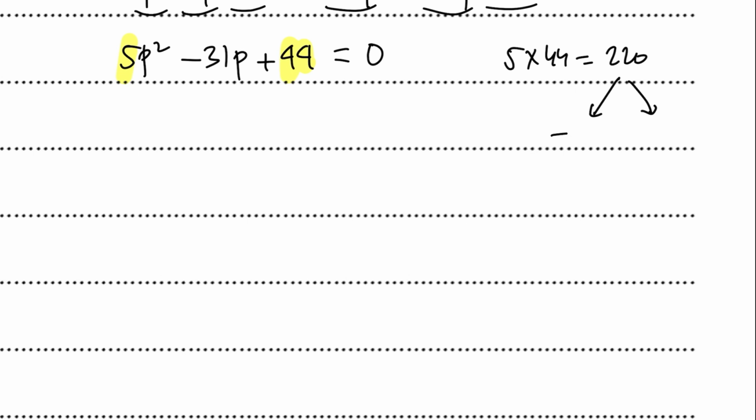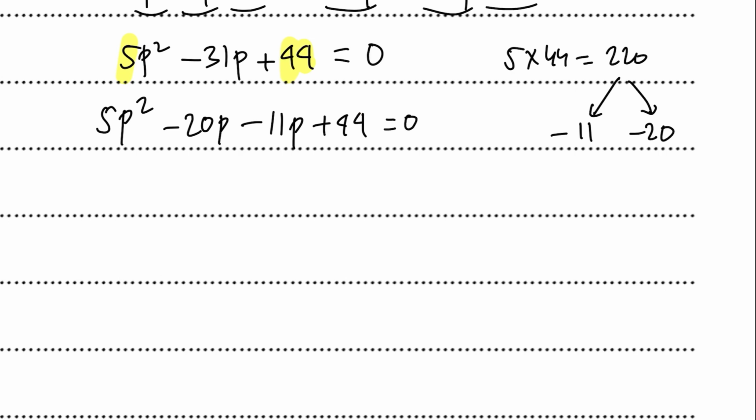That is minus 11 and minus 20, right? Because we multiply, we get 220. If we add, becomes minus 31. So we can separate this, becomes 5p squared minus 20p minus 11p plus 44 equals 0.